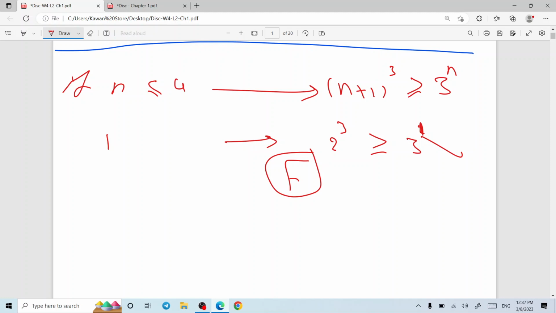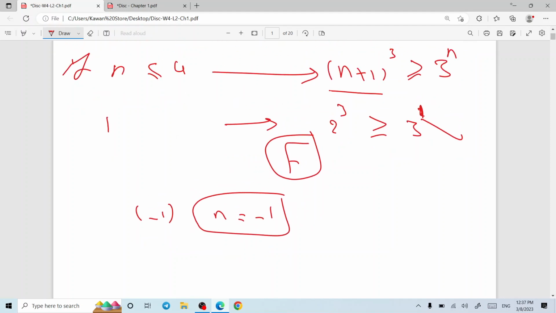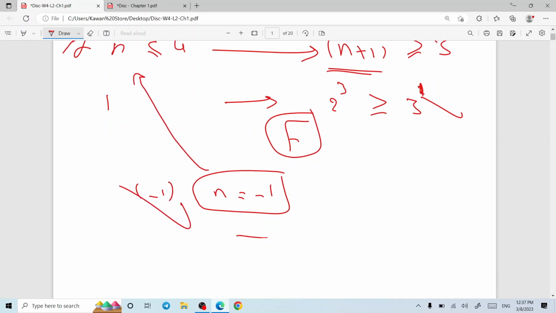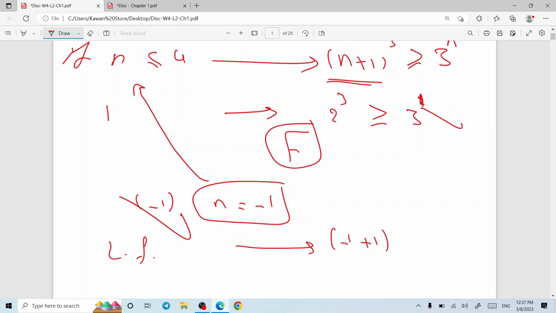Negative 1, for example. He says if n is equal to negative 1. My question is, is negative 1 less than 4? Yes. Good. So from the right, this is the left side. For the right side, if I put minus 1 plus 1 to power 3, I'm going to ask myself whether that one is true or not.